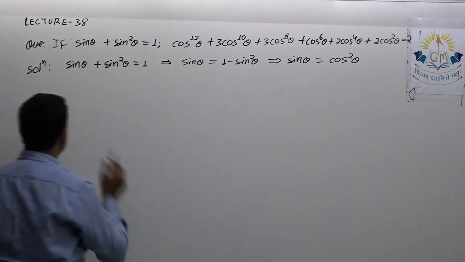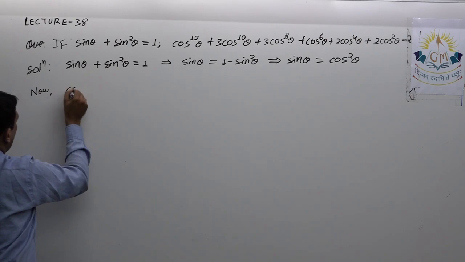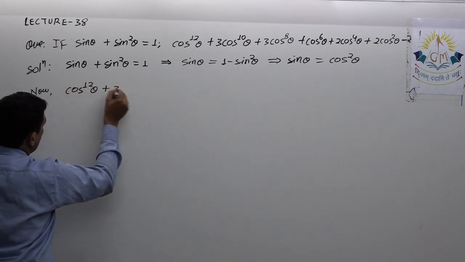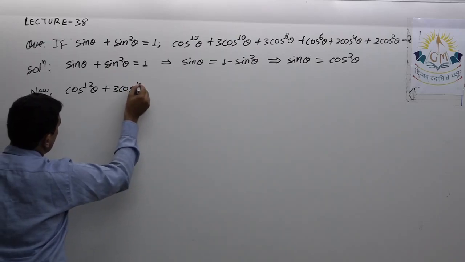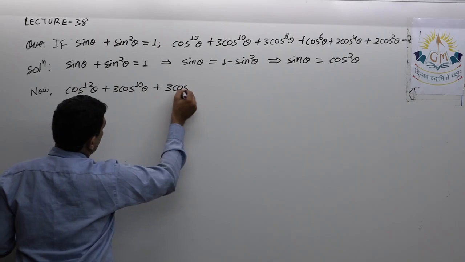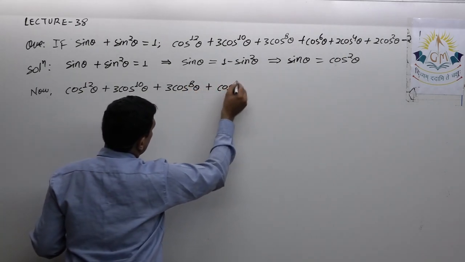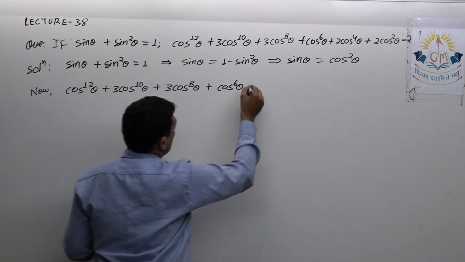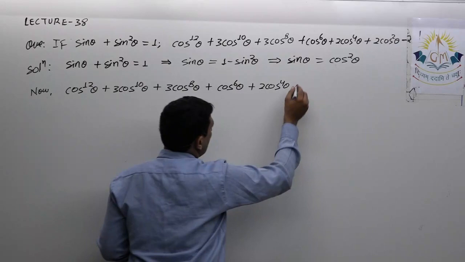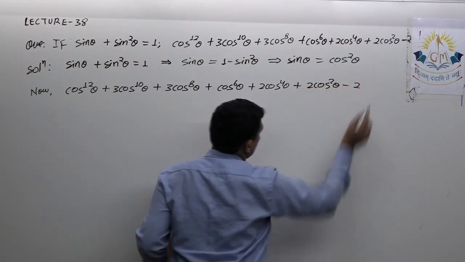Okay, now we'll start with the given expression. Cos raised to 12 theta plus 3 cos raised to 10 theta plus 3 cos raised to 8 theta plus cos raised to 6 theta plus 2 cos raised to 4 theta plus 2 cos square theta minus 2.